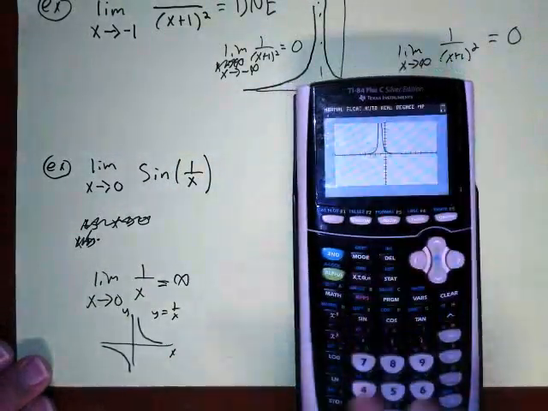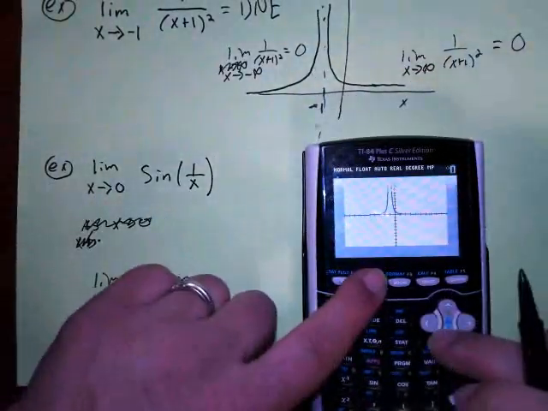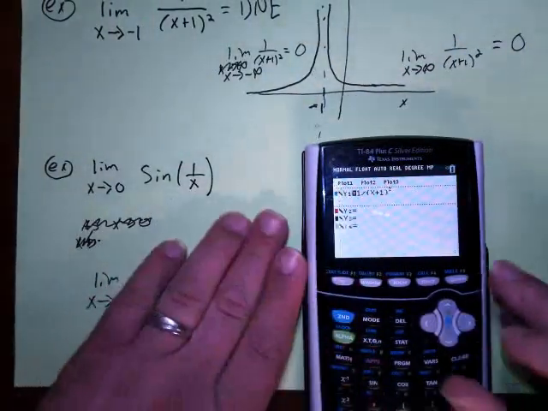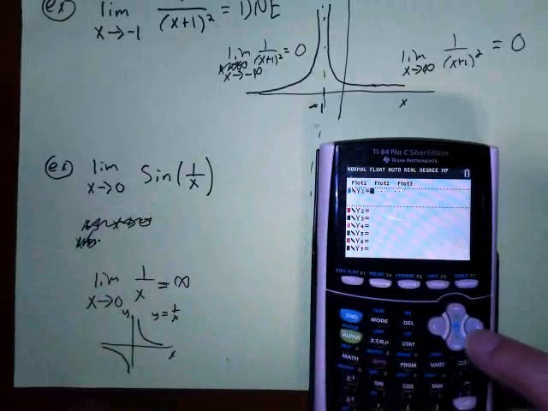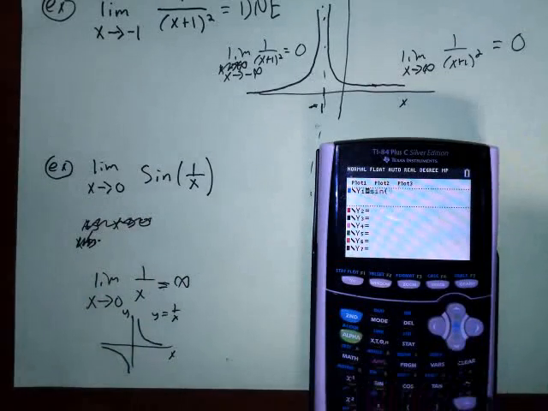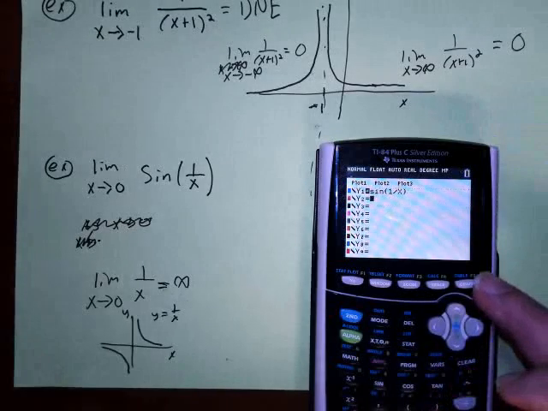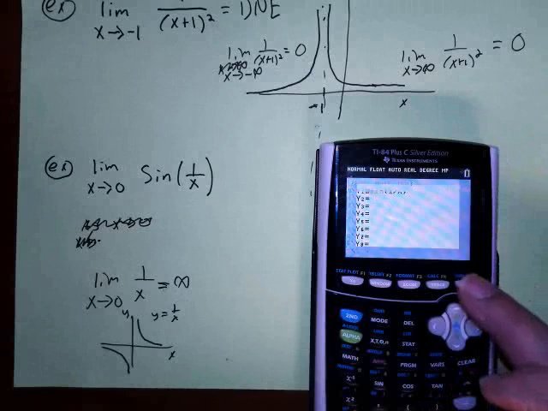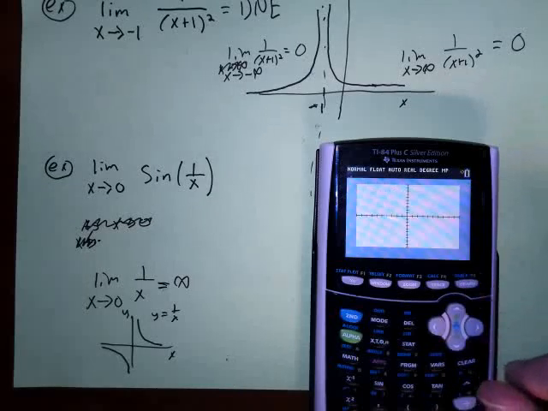Okay? So let me graph this on here, and you can kind of see. We'll zoom in and we'll see what happens. So this is sine of 1 over x. And so here's our graph. And you know what?